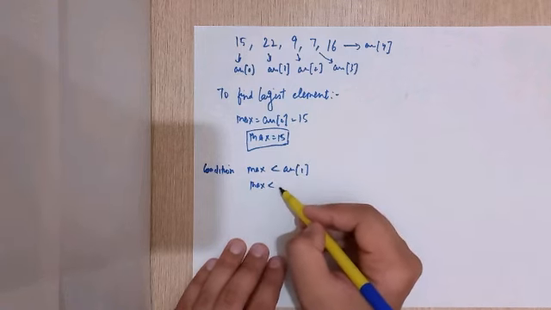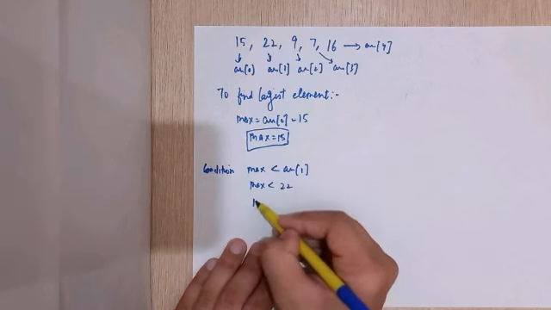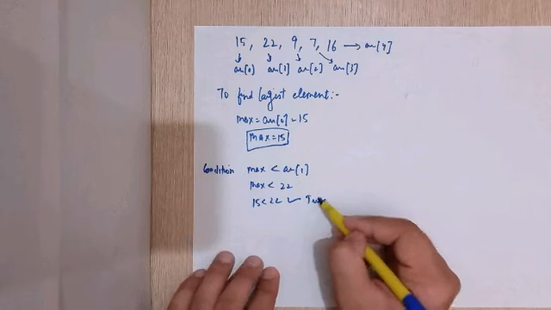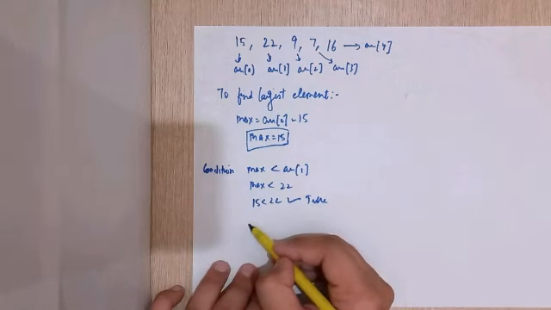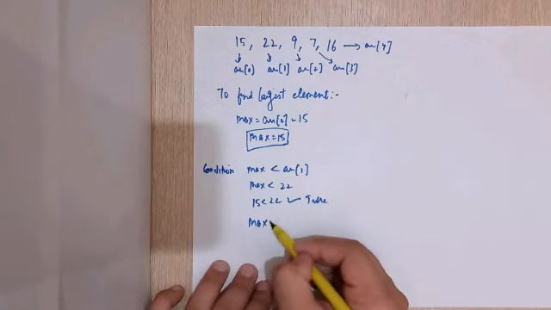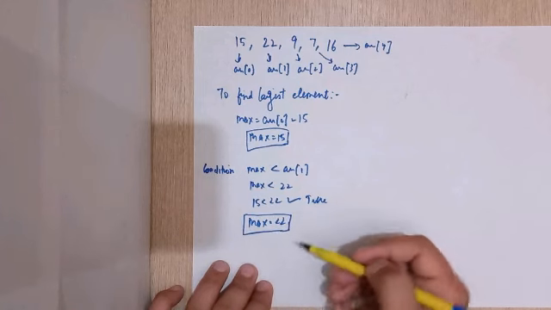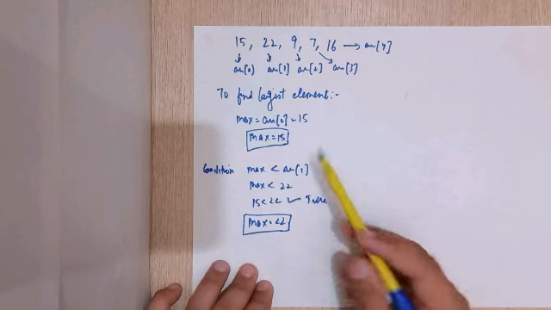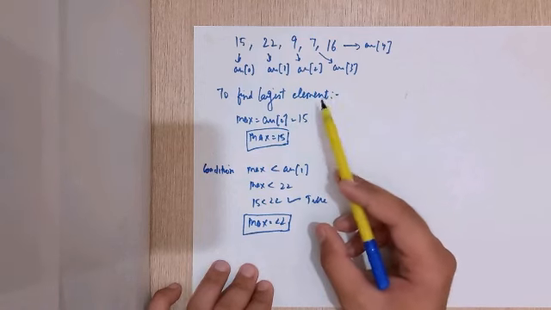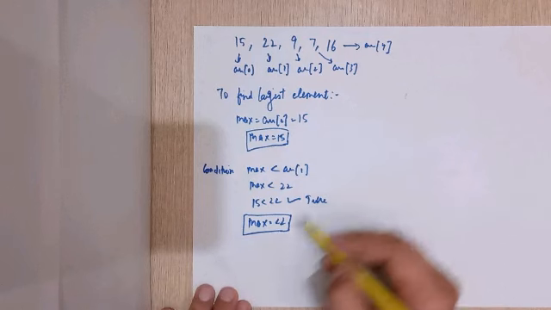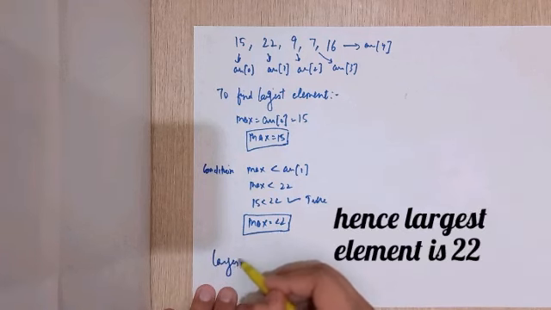Max is smaller than 22, 15 is smaller than 22, the condition is true, so the value of max will be changed and will be equal to 22. Hence you can see that the third, fourth and fifth elements of the array are smaller than 22, so the largest element is 22.